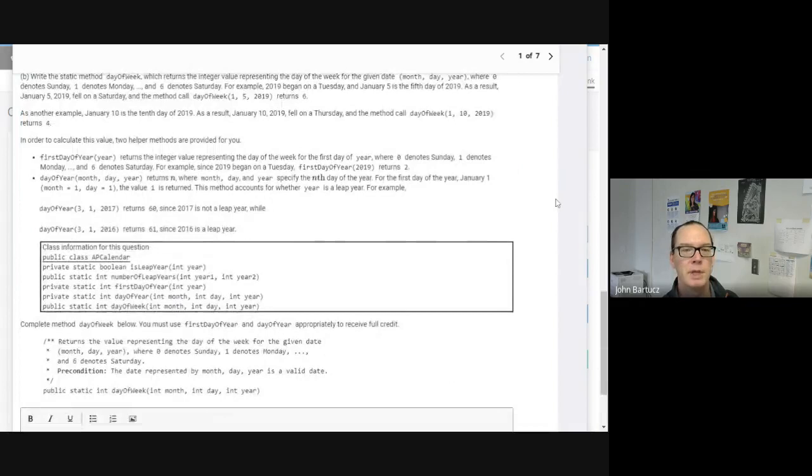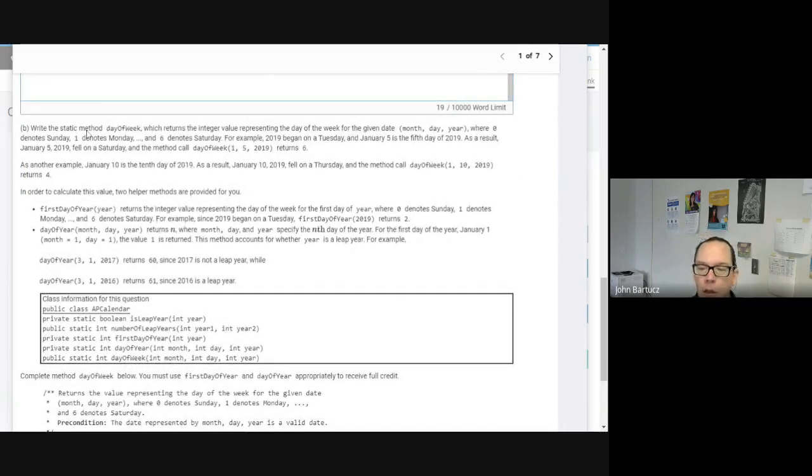All right, so part B, I don't think we're going to go through the whole thing. Well, let's take a look at it. Write the static method day of week, which returns the integer value representing the day of the week for month, day, year. Okay, so day of week, January 5th, 2019, returns 6 because January 5th, 2019 was a Saturday.